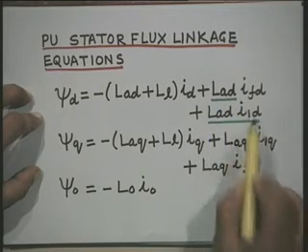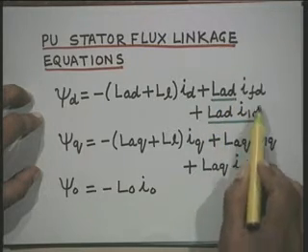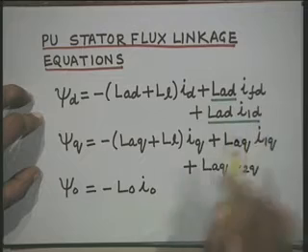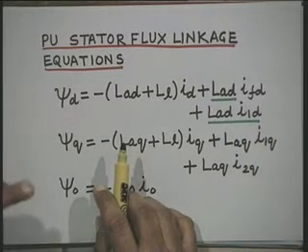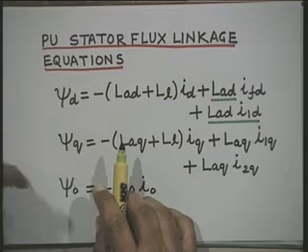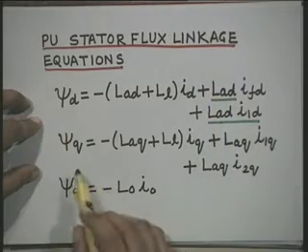Similarly, this term represents the mutual inductance between the direct axis amortizer and the d axis of the stator winding. Therefore, again this comes out to be the same.